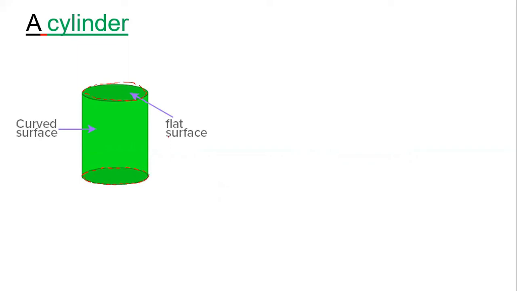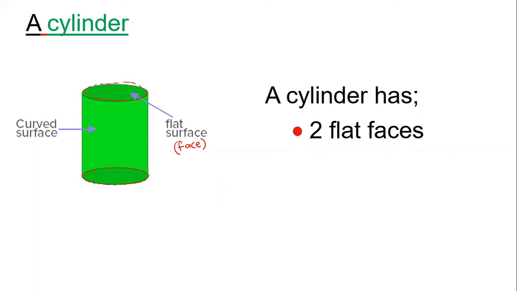Okay, so we have two flat surfaces, or you can say two flat faces, and then one curved surface. So a cylinder has two flat faces and one curved surface.